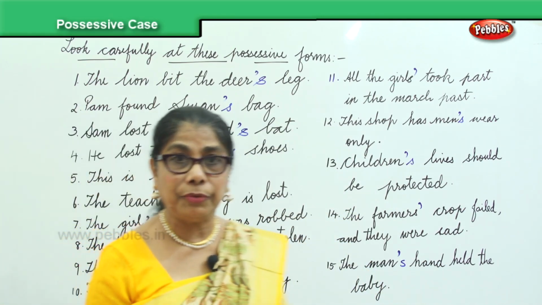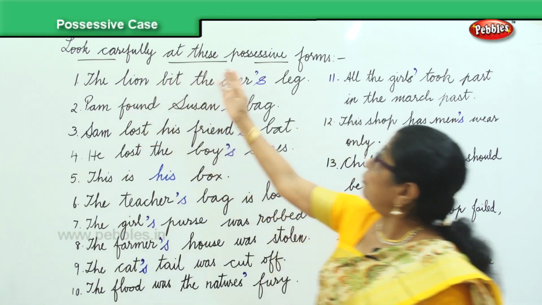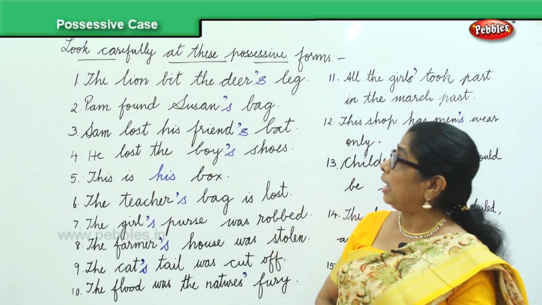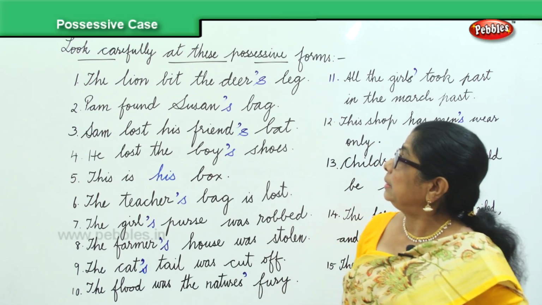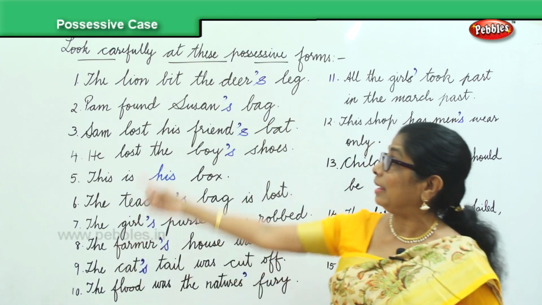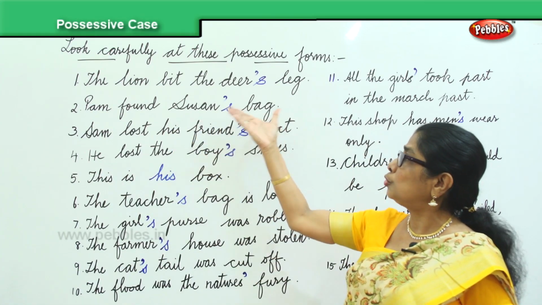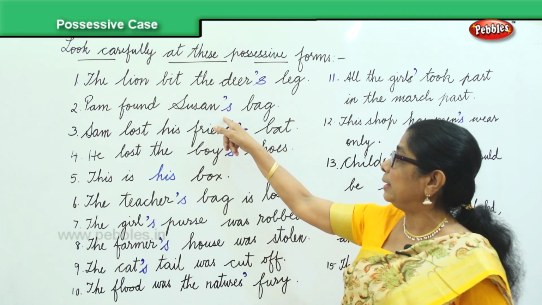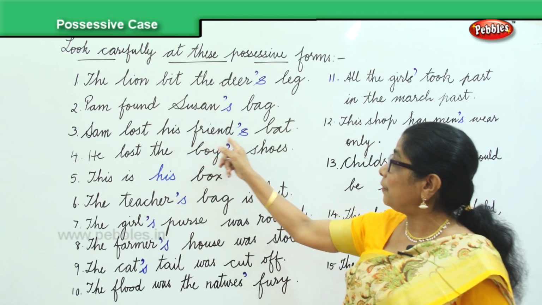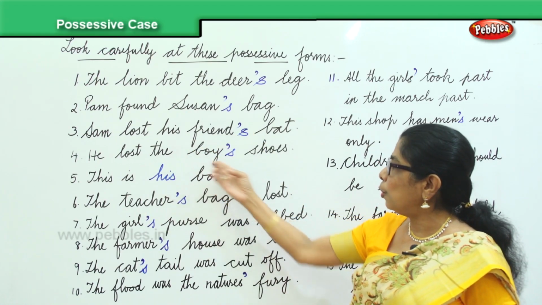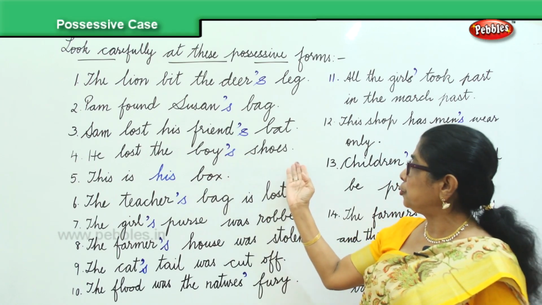Let's look at it carefully. Now, look carefully at these possessive form sentences. The first we have is the lion bit the deer's leg. We're talking about the deer's leg. Pam found Susan's bag. Susan's bag is lost. Susan, apostrophe S. Sam lost his friend's bat. He lost the boy's, apostrophe S, boy's shoes.